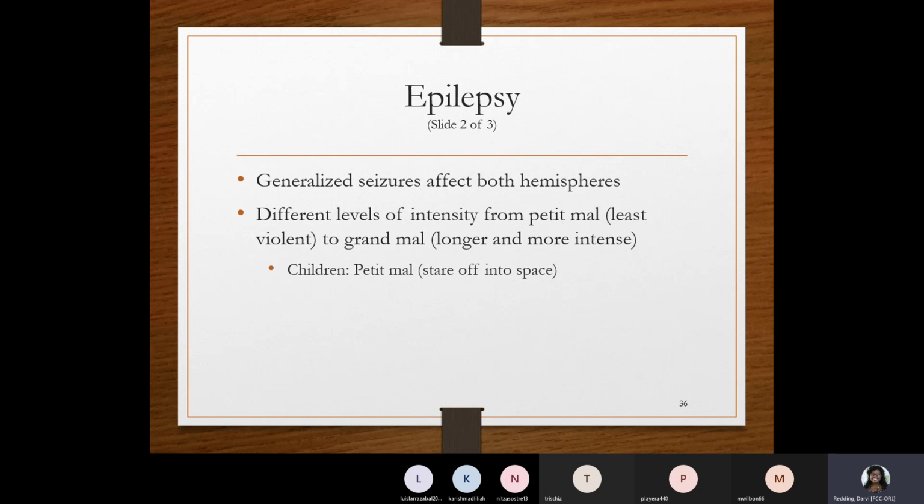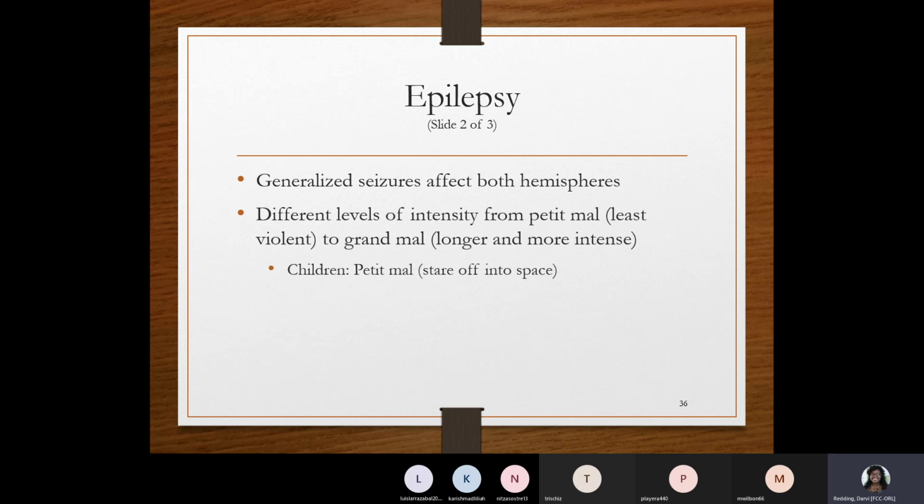And so when it comes to seizures, there are different levels of intensity. The least violent is considered the petit mal, and the more intense or longer seizure is going to be a grand mal. As far as children, the petit mal is one that they experience, and that's the least violent.